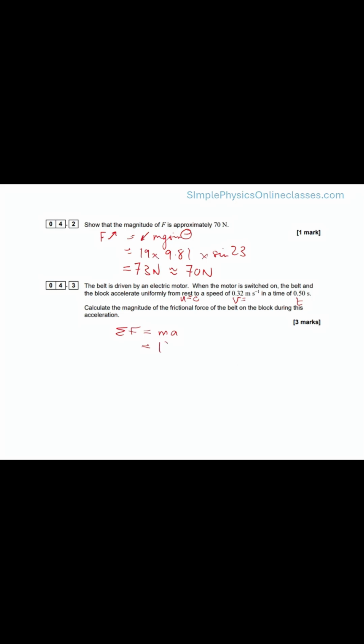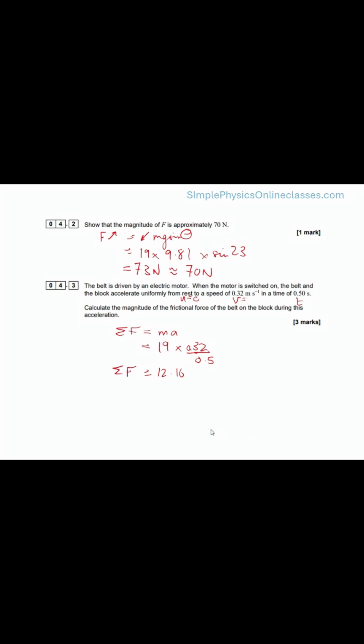So 19 times v minus u, well, v minus u is 0.32 over 0.5. Sorry, I forgot to put the 0.32. Would have lost the mark there. So when I put that in, I get 12.16. So that's the resultant force.